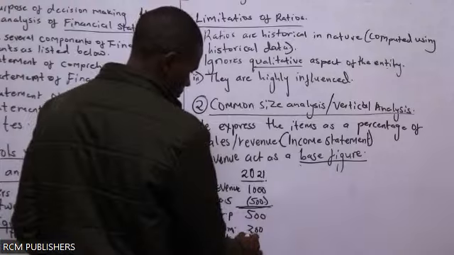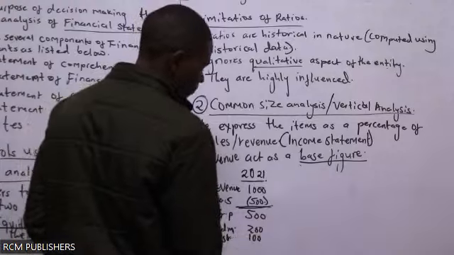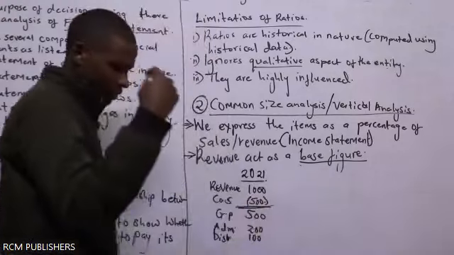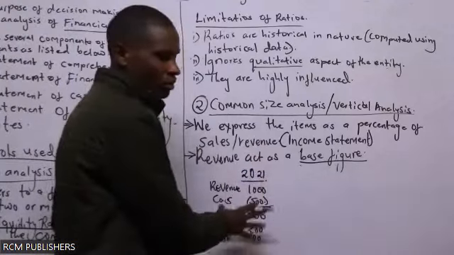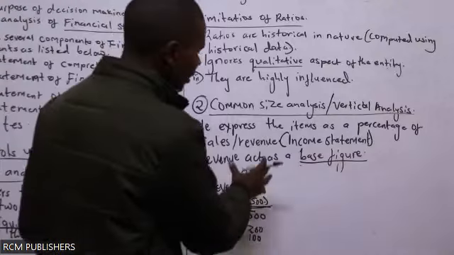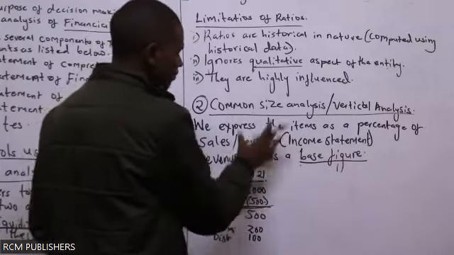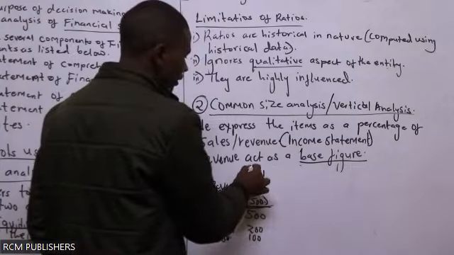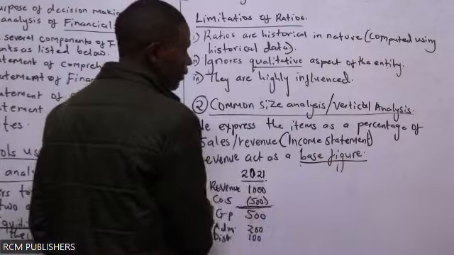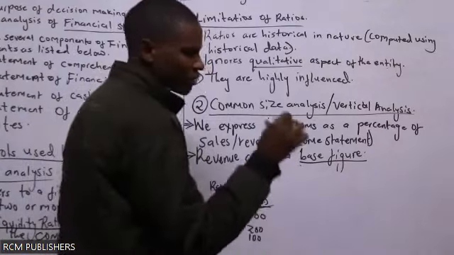Naweza kuwa na 100. Wacha tusimamie hapo. Sasa when you are to analyze these financial statements, this is just a sample I'm giving you. If you are told to analyze the financial statement of Morris Limited in the year 2021, this is how you do it.